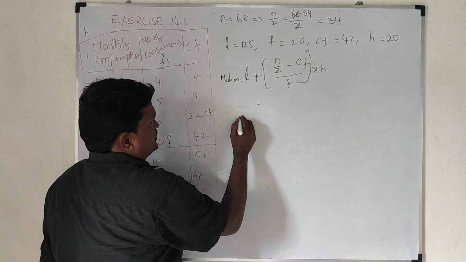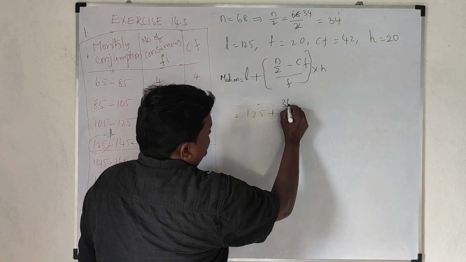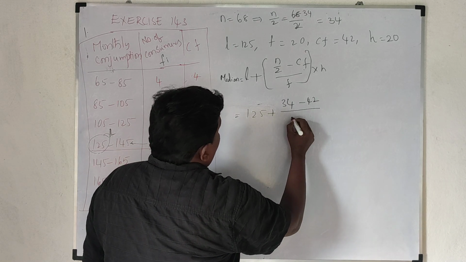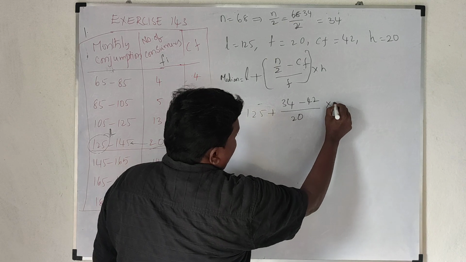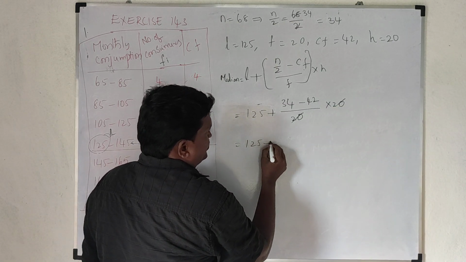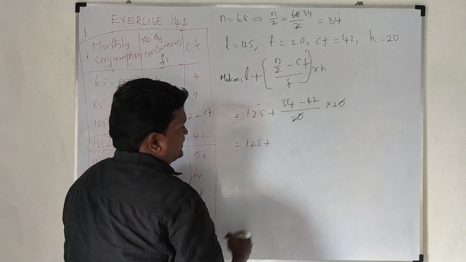Okay. Now see, what is L? 125. N by 2, how much? 34. What is the cumulative frequency? 42. F is 20, into 20. See here, 20 cancels. 125 plus, this is how much? 68 it is.